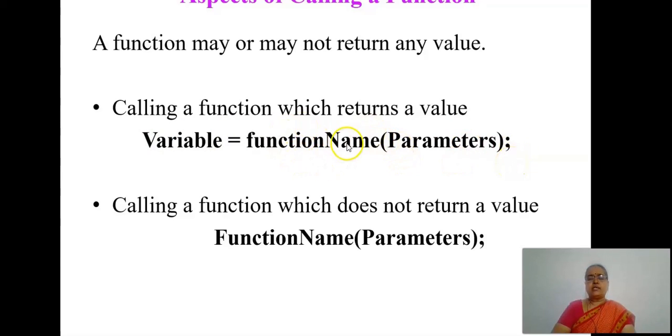So the value returned by the function will be stored in the variable on the left hand side. Suppose the function does not return any value, then we call the function by indicating the function name followed by parameters alone, because it is not going to return any value. So we should not call this type of function in an assignment statement. If it returns a value, you can call that function in an assignment statement, and the value returned by the function will be stored in the variable given.